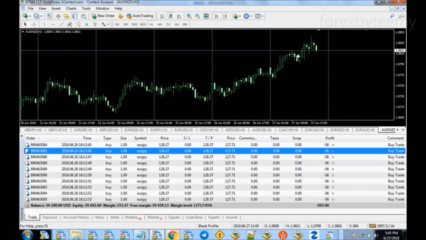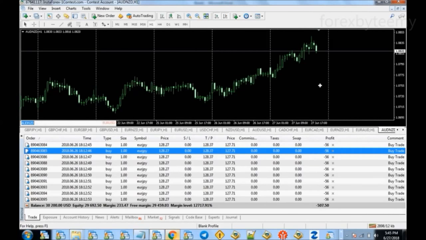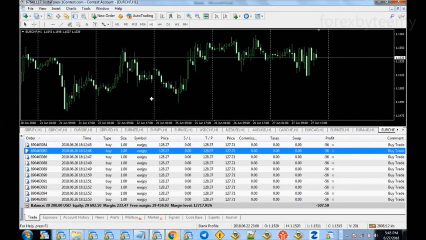Okay, let's see the case of Euro CHF, which I mentioned earlier on. Over here, Euro CHF, Euro was strong here, on the 25th of June. Euro side being strong from here onwards.